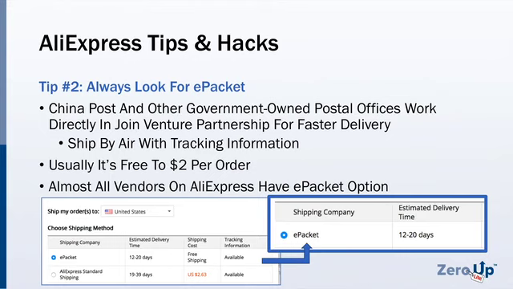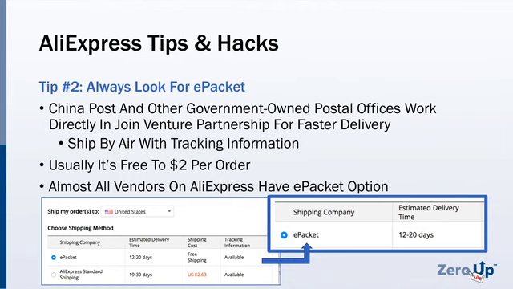It's a relationship that China Post has created with other government-owned postal offices, such as USPS from the United States, Royal Mail from the UK, Canada Post from Canada, and a dozen other countries, where it is a joint venture partnership for faster delivery. Everything will be shipped by air, and there's going to be tracking information.